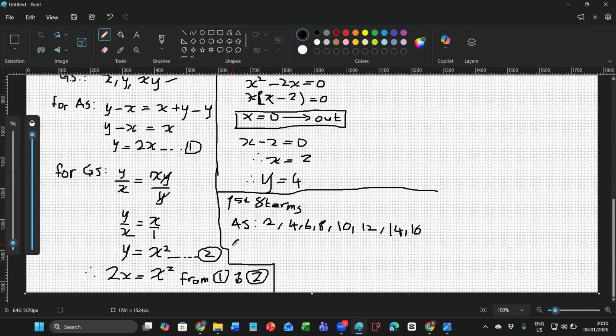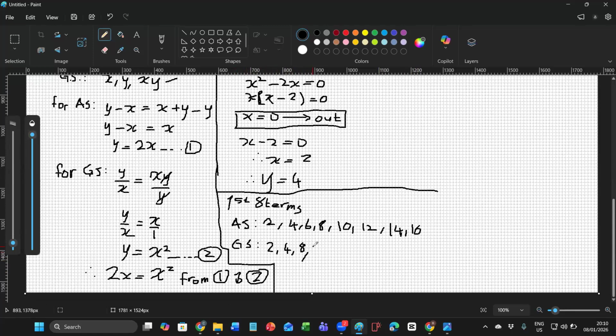Then for the geometric sequence, geometric is multiplying, multiplying, multiplying, so that one is going to be a bit different. You know that 2 times 2 is 4, and 4 times 2 is 8. You have to be careful with this one.